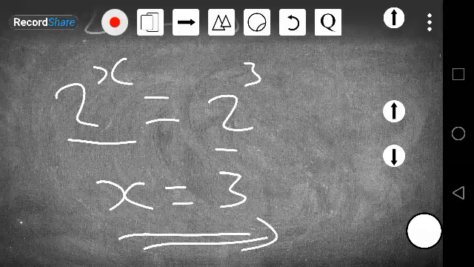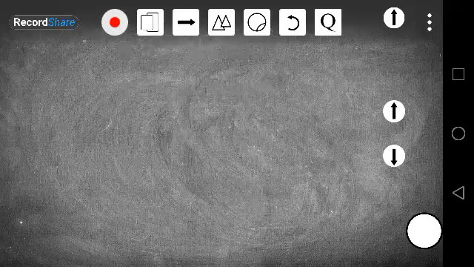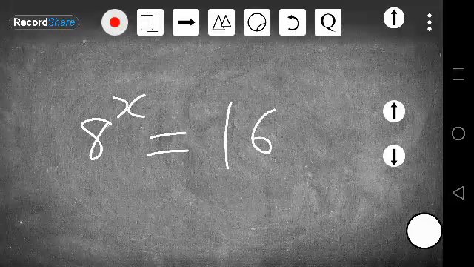Right, we move on. You are given 8 to the power x is equal to 16. The situation here is a bit tricky because 16 cannot be expressed in terms of 8. So we express both in terms of a number common to both sides, like 2. We can express 8 in terms of 2, then we can express 16 in terms of 2, because the idea here is to make the bases the same.